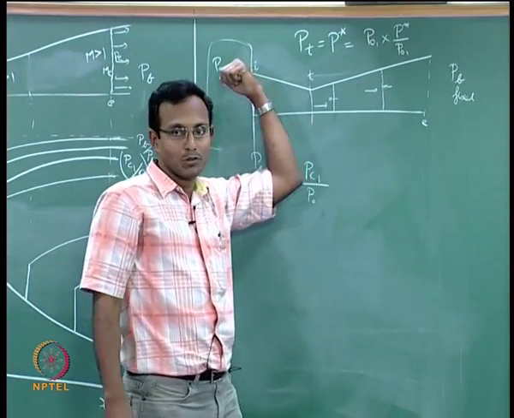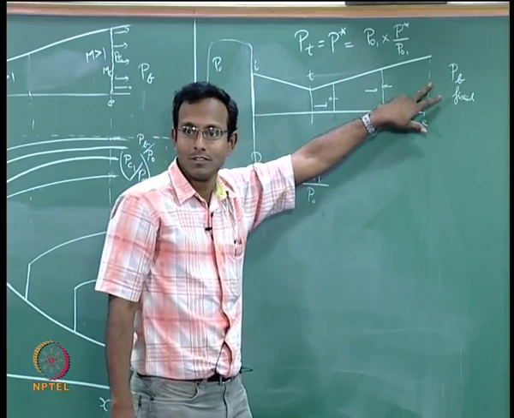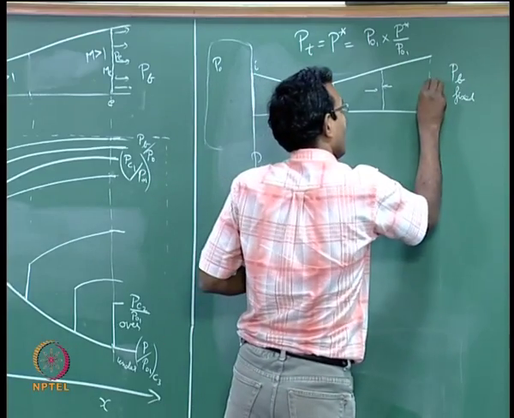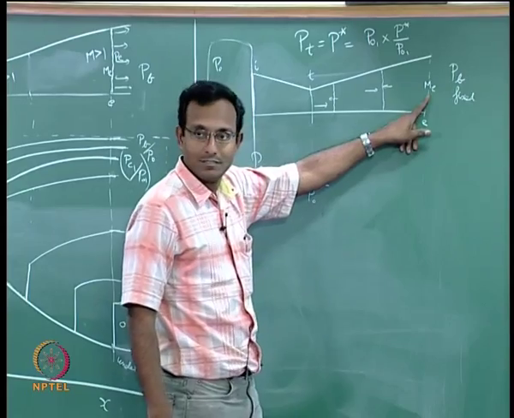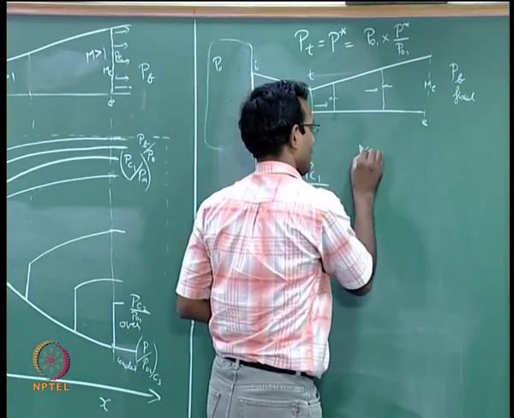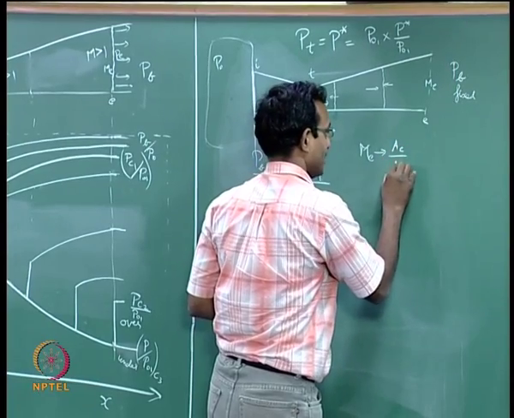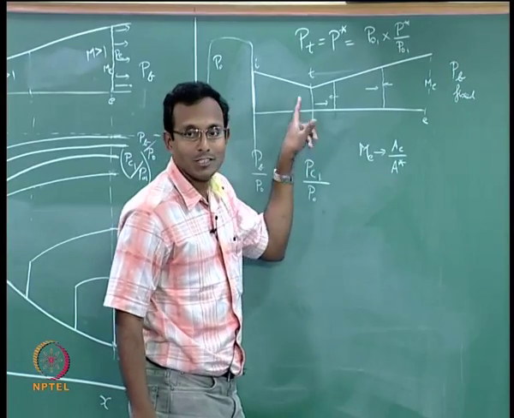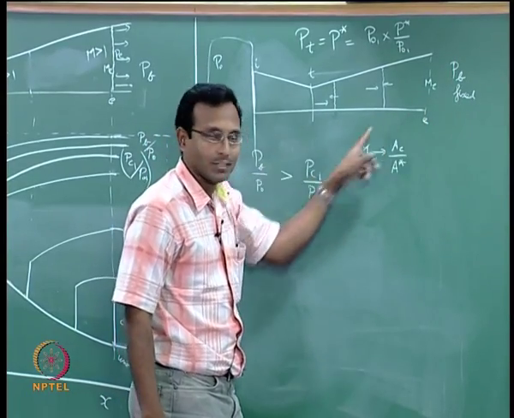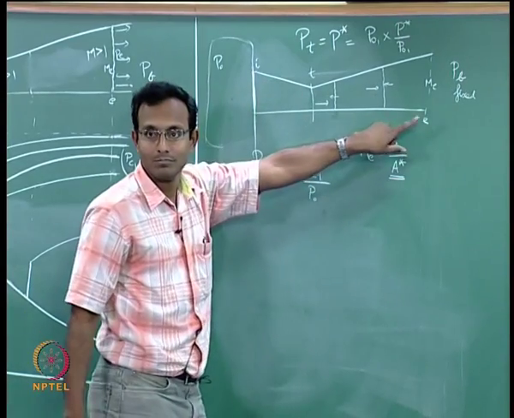I know my P0, I will find Pb by P0 here, it will match the pressure. So, it is going to give me my M at exit. Once I know M at exit, it will give me my AE by A star. Mind you, A star need not be the same as A throat because it is not yet choked. So, I will find my A star for this particular flow.